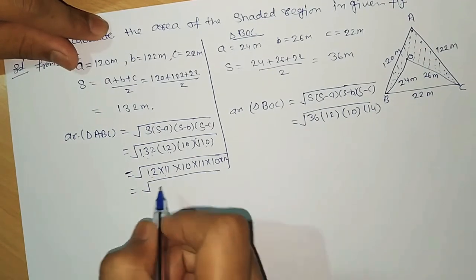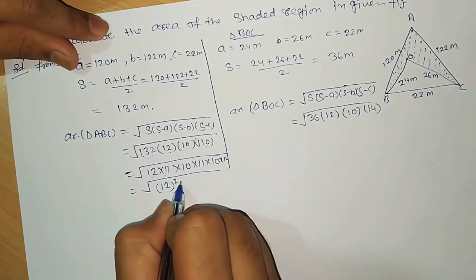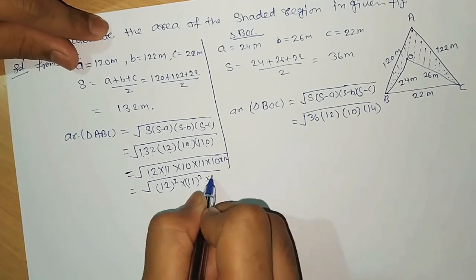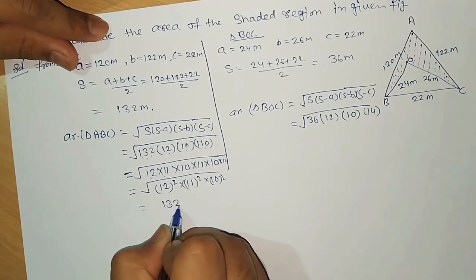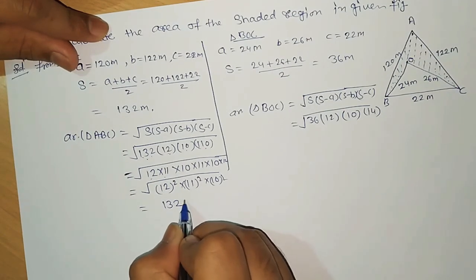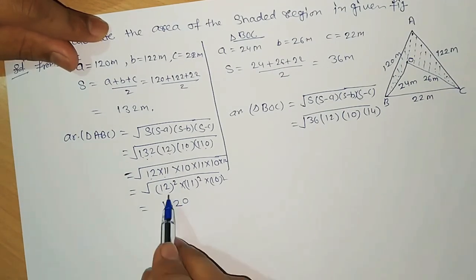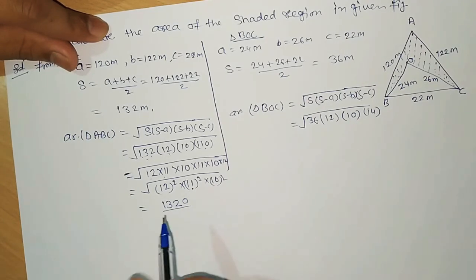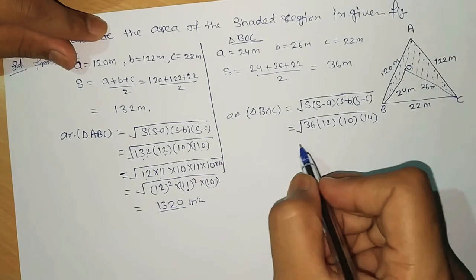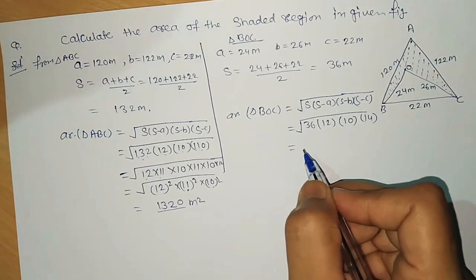Now this is 12 square into 11 square into 10 square. Now again solve: 12 into 11 equals 132, into 10 equals 1320 meter square. Now again solve this equation.